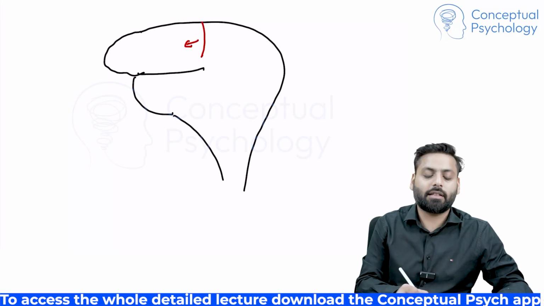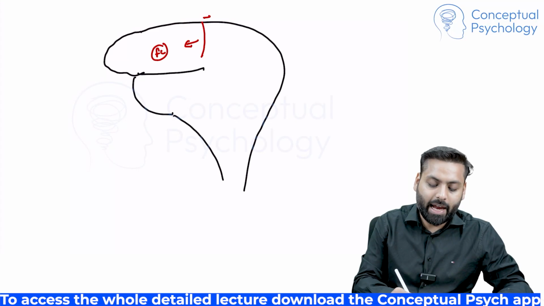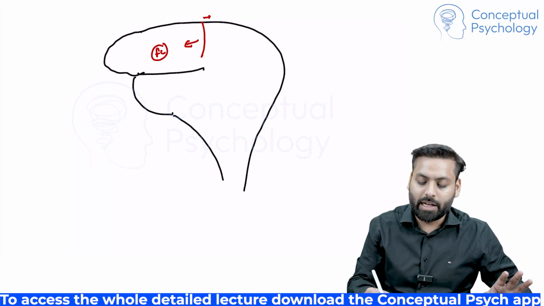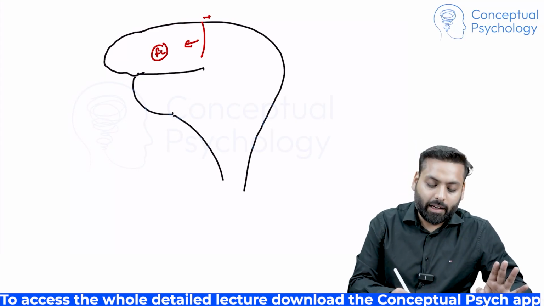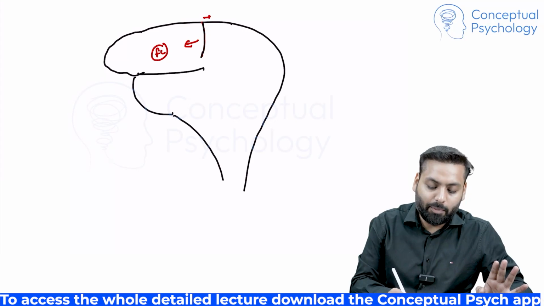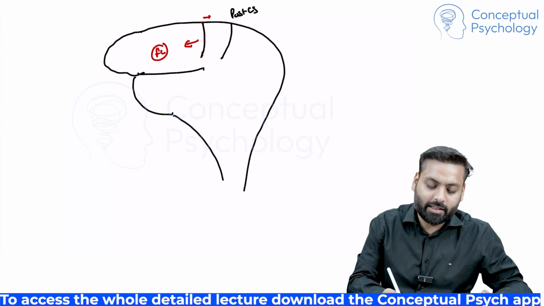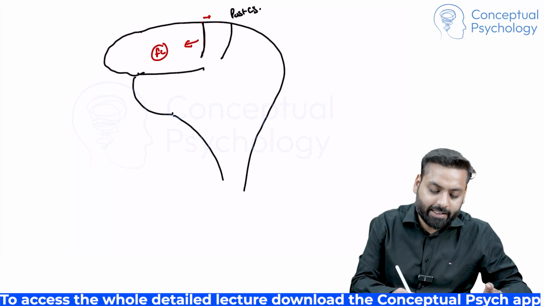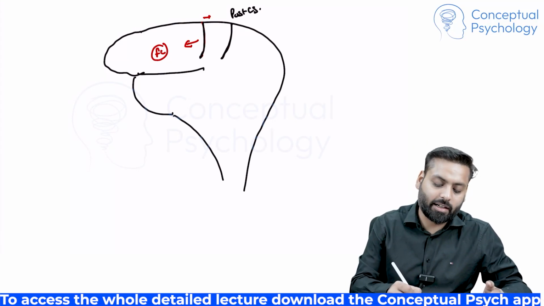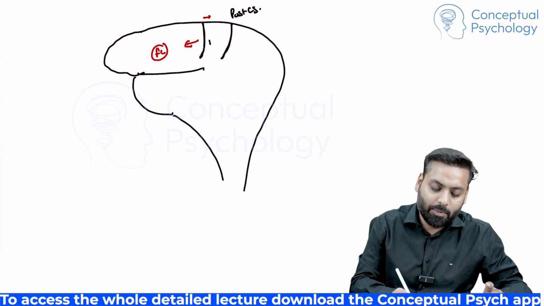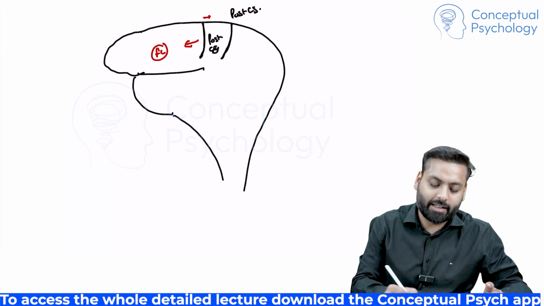Anything in front of the central sulcus is frontal lobe. Anything behind the central sulcus is parietal lobe. In the parietal lobe, after the central sulcus, we find one more sulcus, the post central sulcus. In between the central sulcus and the post central sulcus, we have the post central gyrus.